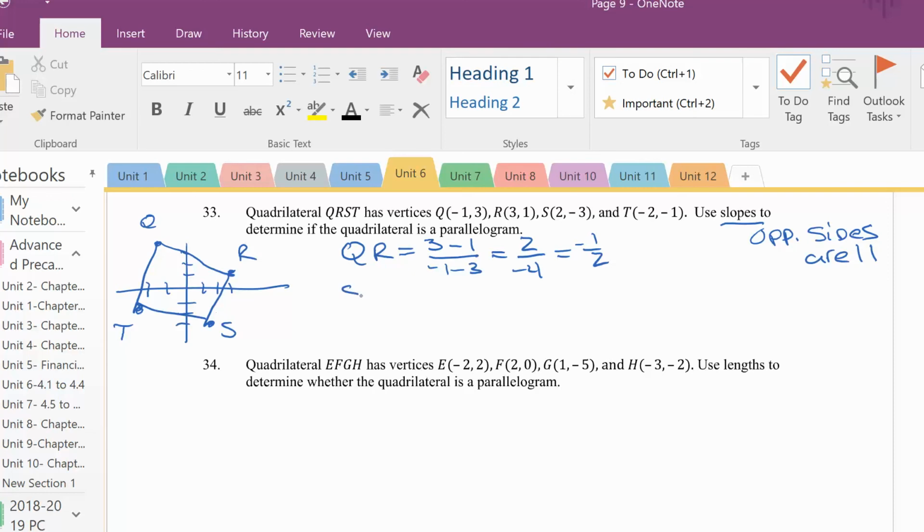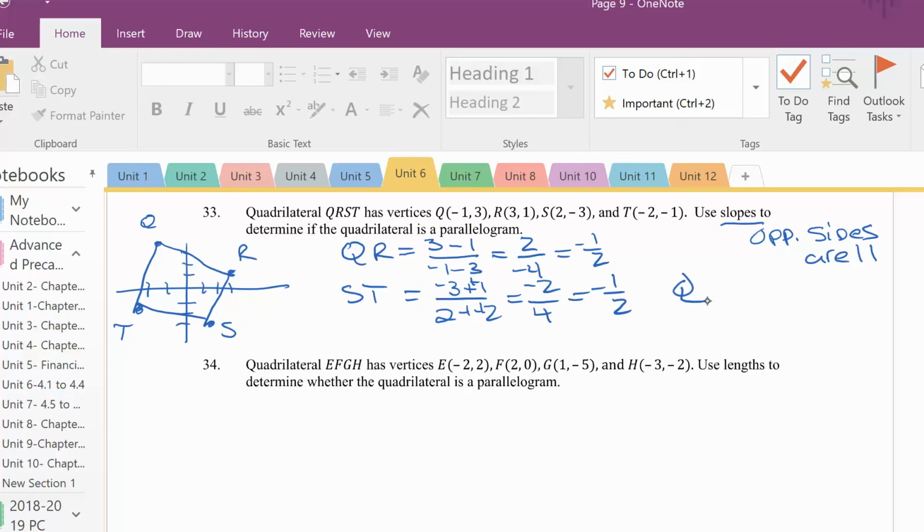So let's do ST. So I go -3 minus -1, and then 2 minus -2. So it's -3 plus 1, which is -2, and then plus 2 is 4. So -1/2 as well.